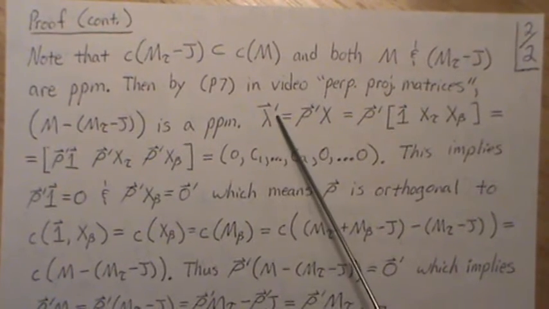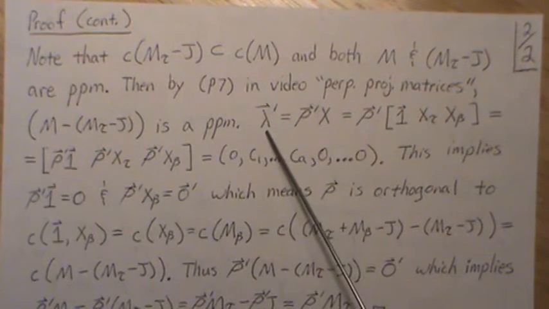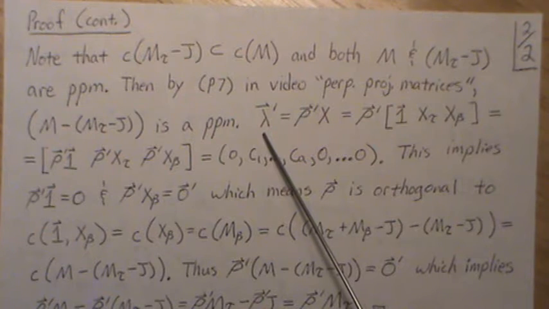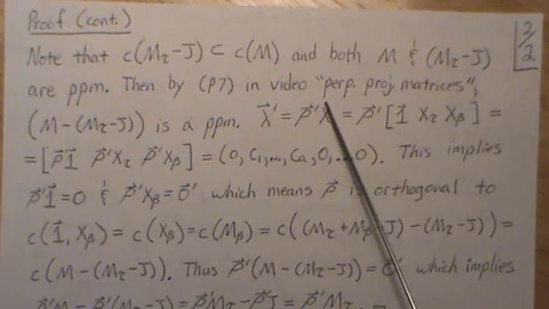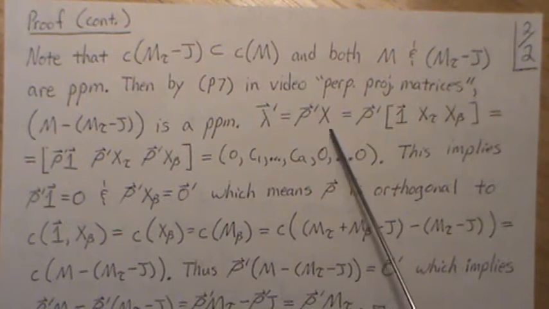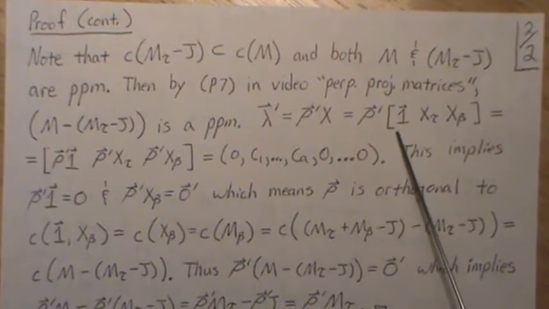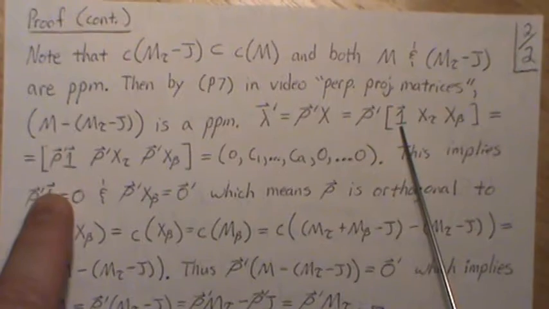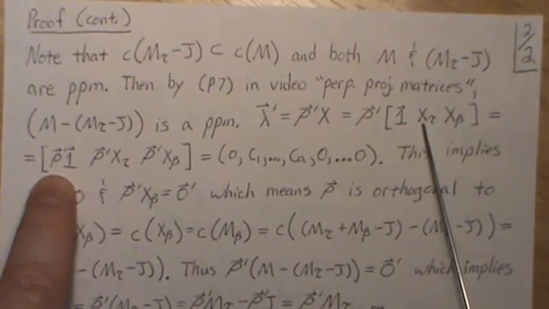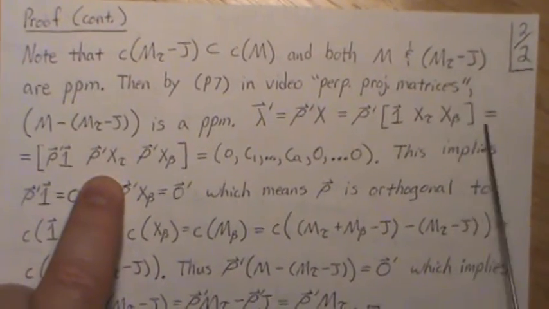So rho prime, remember this is the linear combination of the betas that we're interested in, is part of the rho space, but X is this augmented matrix here. And so rho times this is that, rho times that, rho times this.